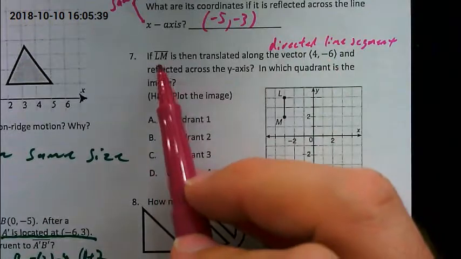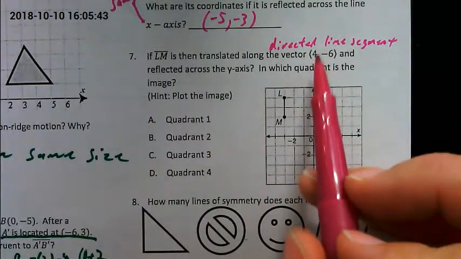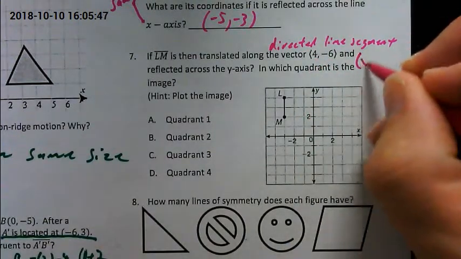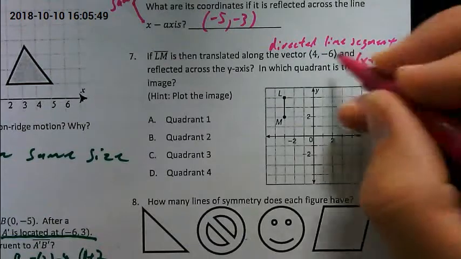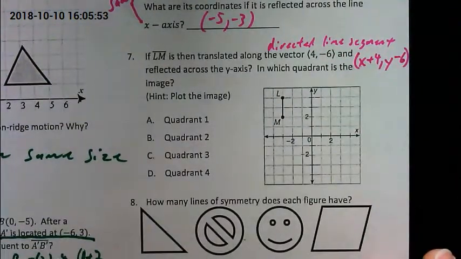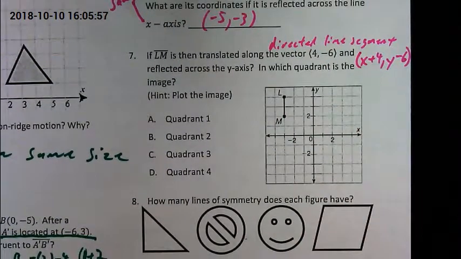So if we're translating along that vector, this is just telling us that we are changing the x value by positive 4 and the y value by negative 6. So I have a graph. If you want to, you are more than welcome to use the graph.